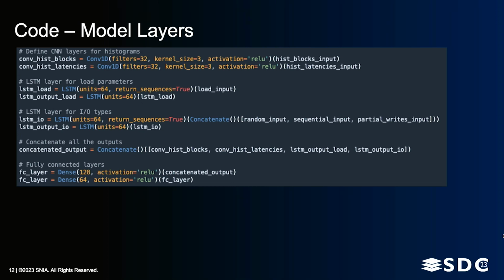For the load parameters, you can see we use the LSTM function, and we use 64 units, and similarly the output will be 64 outputs coming from the LSTM model for the load. One thing with respect to this LSTM: why we went with it is because we want to remember.